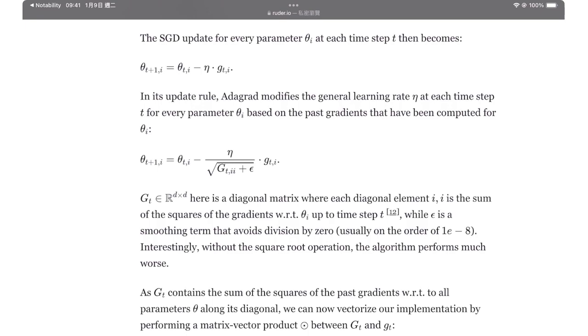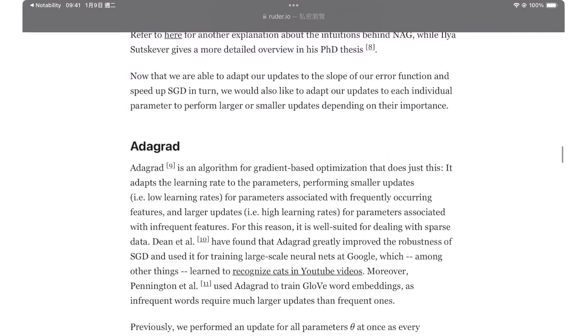So that's called adaptive. So AdaGrad modifies the general learning rate at each time step based on the past gradient. Okay, so that is the definition. So every time when you see ADA, that means adaptive.